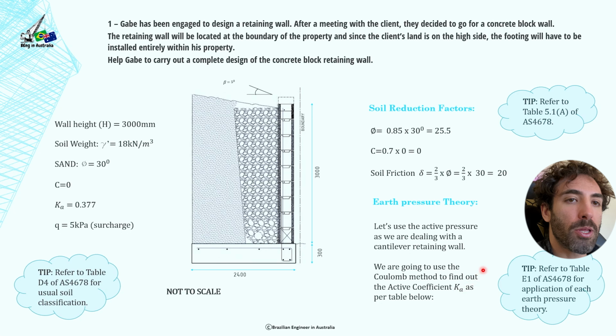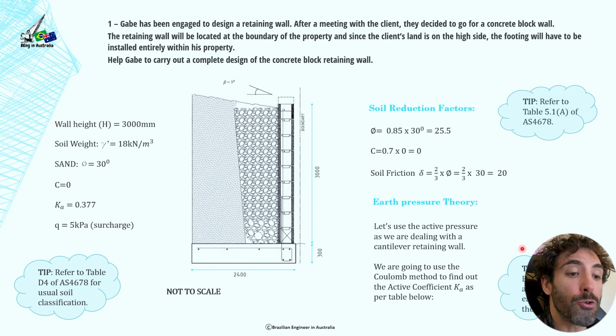So another tip here, refer to table E1 of AS 4678 for application of each earth pressure theory. So you might decide to use Rankine instead of Coulomb. You can also use Rankine. You just need to research what your scenario is.